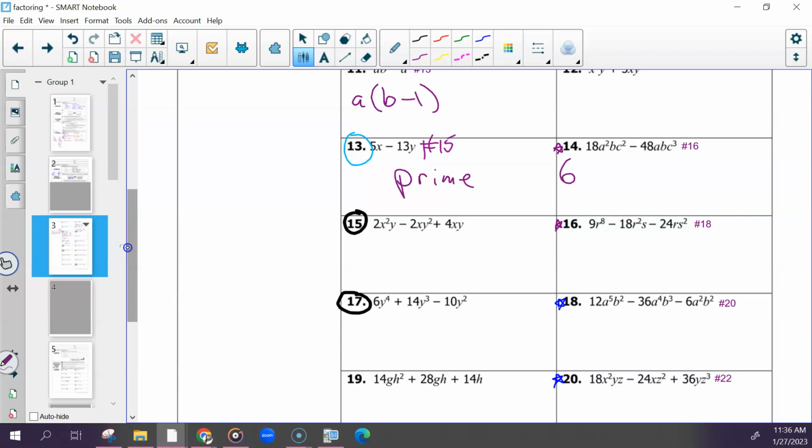Can we take out any variables? Yes. Which ones and how many of each? One a, 1b, and 2 c's, correct.